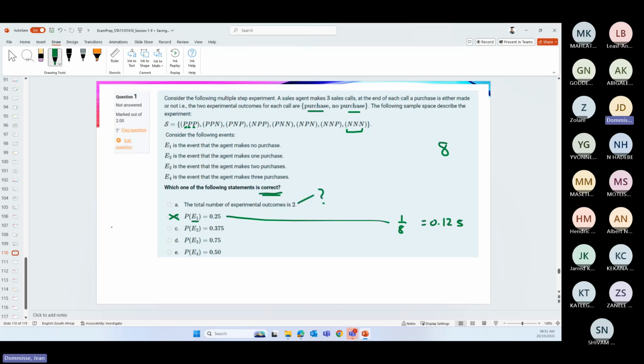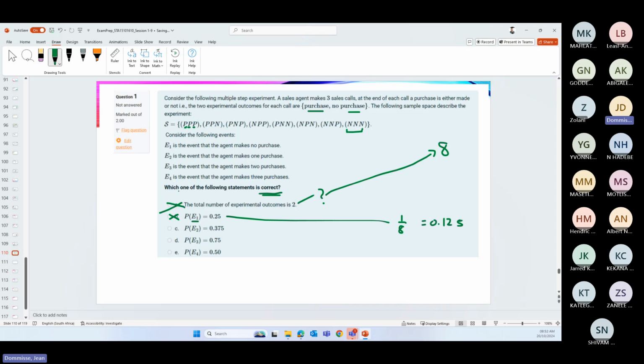Okay, so how many experimental outcomes would you have said is in this one? I would have said, like I did, there is 8. So that is also wrong, but we're looking for the correct one.